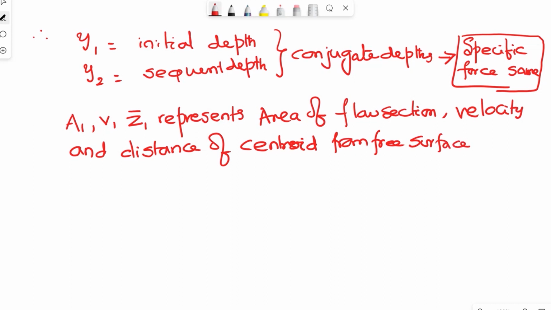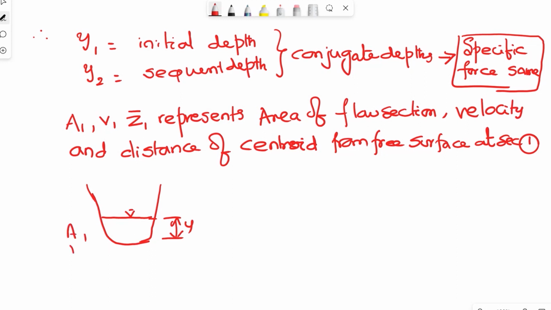Then at section 1, suppose section 1, again recollect, this is section 1 we have drawn. So this is the depth of flow y1 and its area of flow section is A1. The velocity is V1 and Z1 bar is the distance of center of gravity.